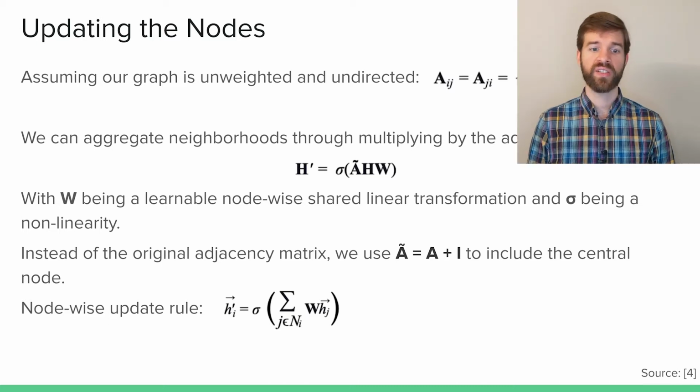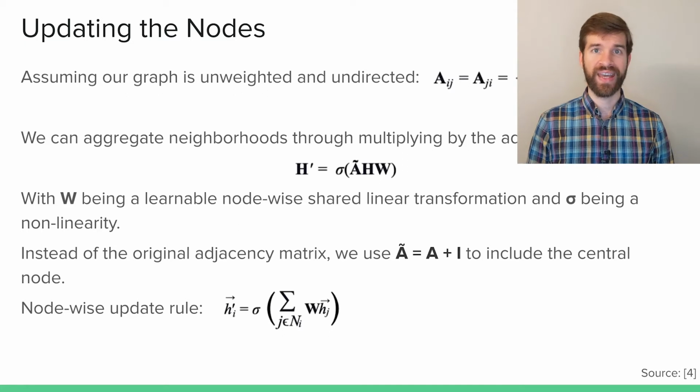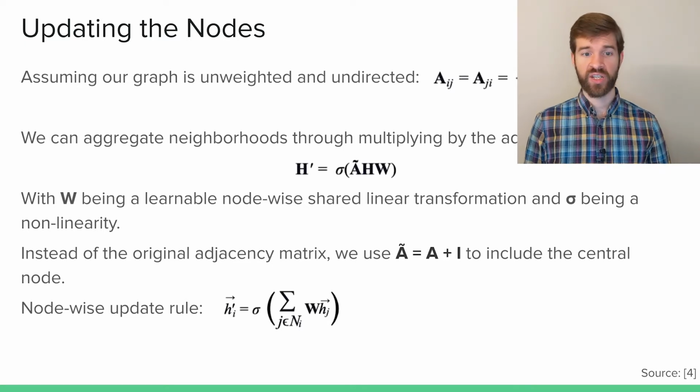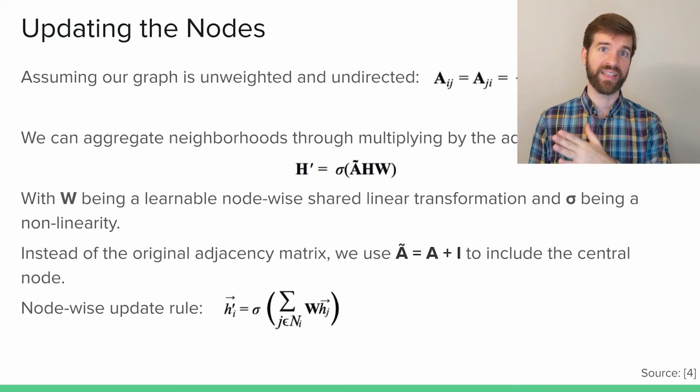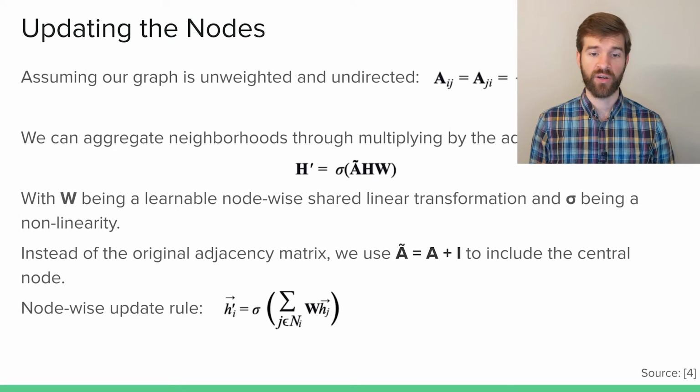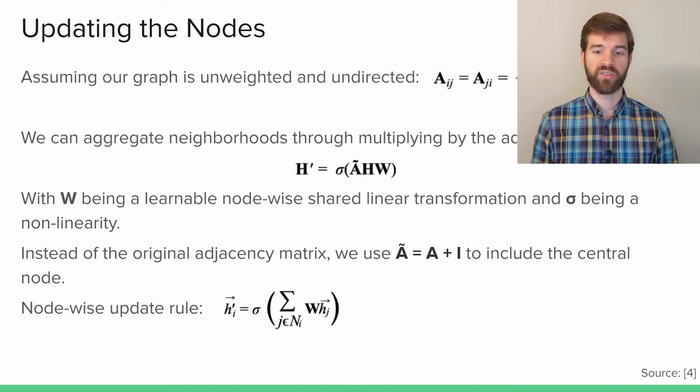One thing that you should notice here, I'm not using A as it is, but instead A tilde. Instead of using the original adjacency matrix, we add the identity to our adjacency matrix to include the central node. If we wouldn't do this, we would only ever consider our neighbors, but not the information that is stored on our node itself.